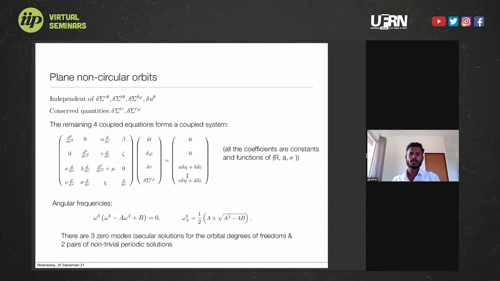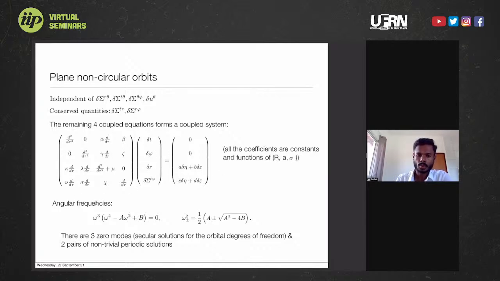Suppose we are considering a special case. We are looking at an eccentric orbit which has the same energy and the same angular momentum as that of the reference circular orbit. Then del eta and del epsilon can be set equal to 0, which means the right hand side, the inhomogeneous part, can be set equal to 0. We can deal with only the homogeneous part.